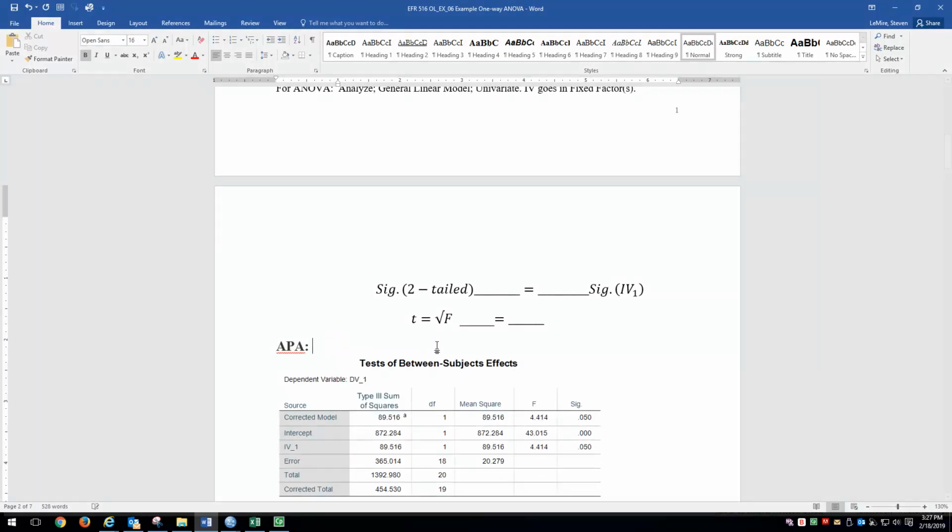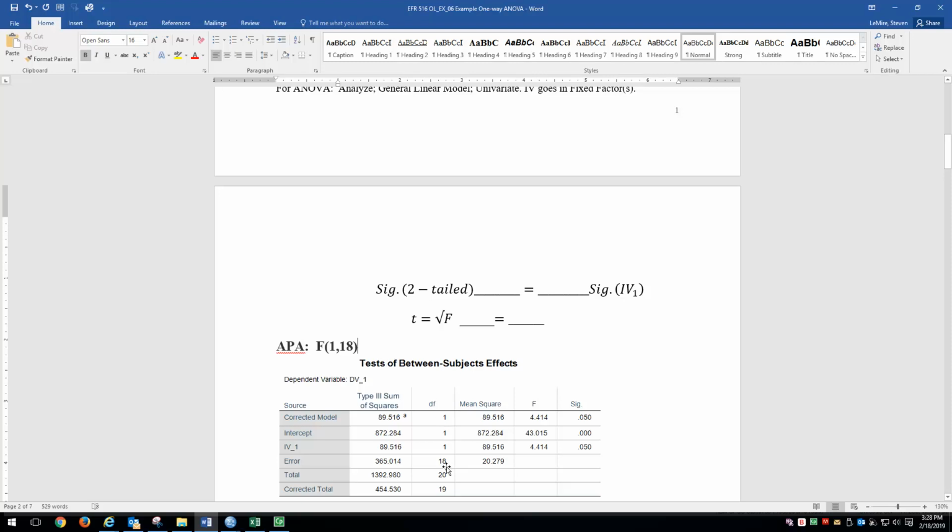It's an F. I know this, here's my F column, so we see the F, and an F has numerator and denominator degrees of freedom. So here's my independent variable. I'm using that row right there. Okay, so it has 1, comma, 18 degrees of freedom. Notice the error is 18 degrees of freedom.